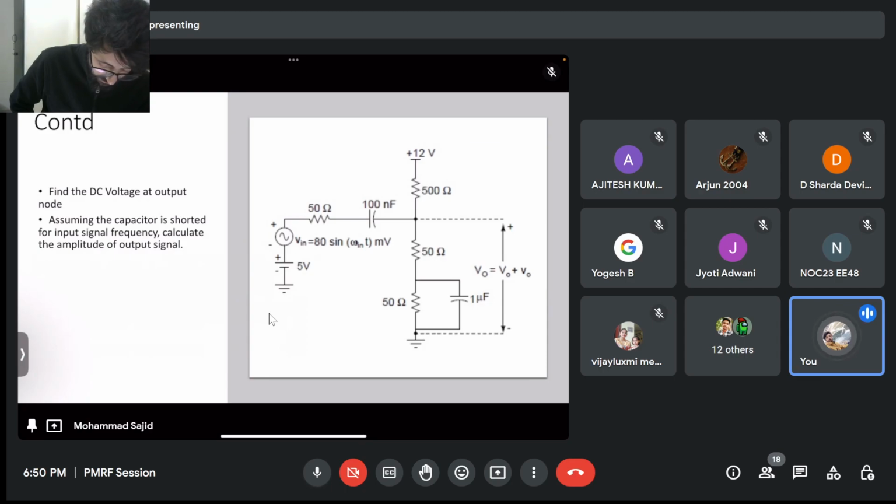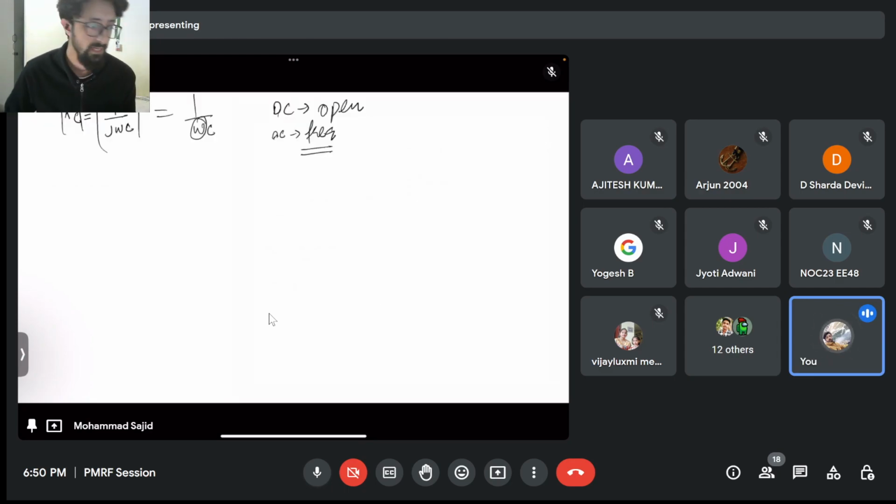So if we have to find the DC voltage at the output node, what will we do? We will short the AC sources, right? And since we are applying DC now, the capacitor will block the DC voltage. So how will our final equivalent circuit behave? You will have a supply, and the capacitor here will act as a block.